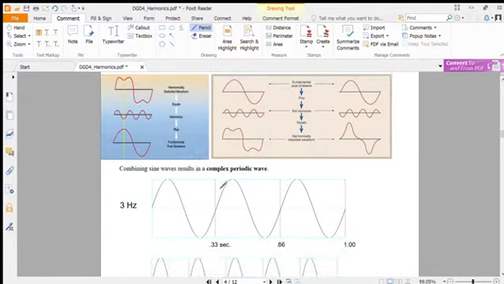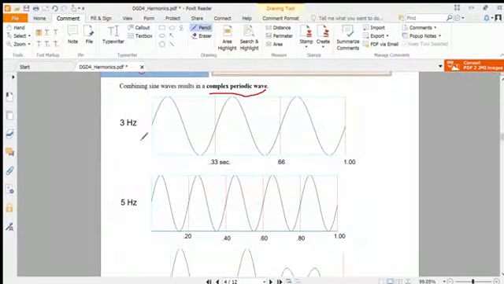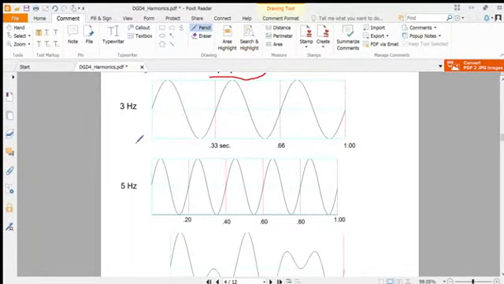Whenever these two waves are combined, we'll get a complex periodic wave, as we mentioned earlier. So now see how we can obtain the complex periodic wave here. It's a 3 hertz signal. You can see this is the first period. So T is 0.33 seconds, then the frequency will be 1 by T, so it's 3 hertz.